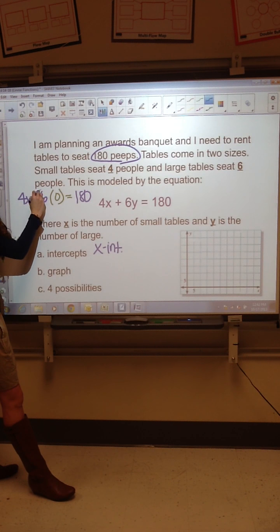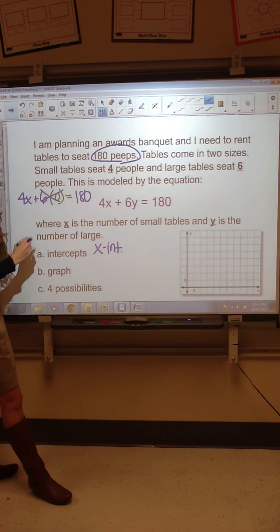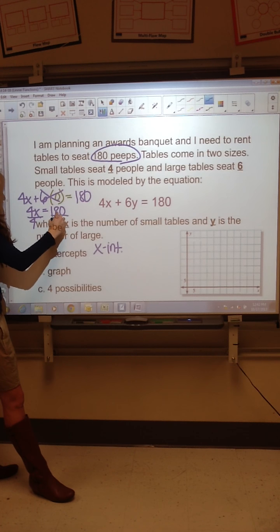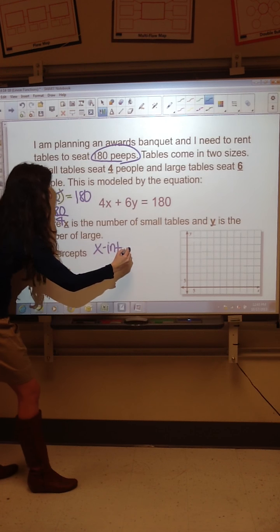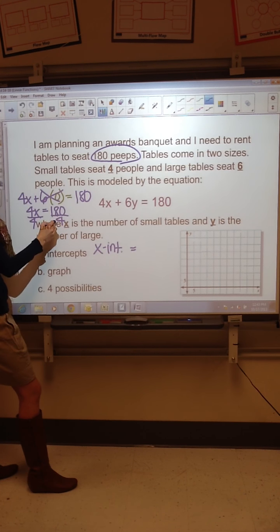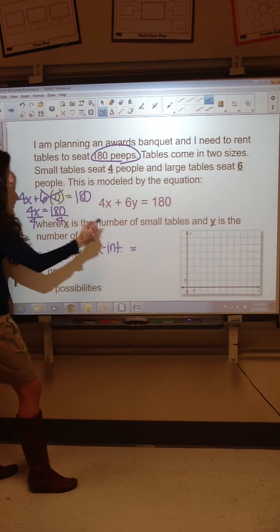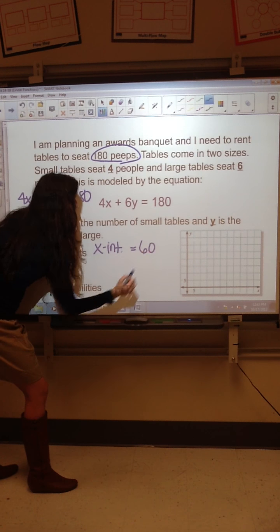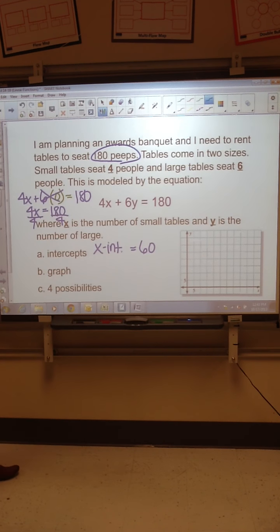Okay, so 6 times 0, nothing. 4x equals 180. How do I get x by itself? Divide by 4, divide by 4. 180 divided by 4, you may use a calculator. So now x equals 180 divided by 4, 60. Okay, so when x is 60, y should be 0.